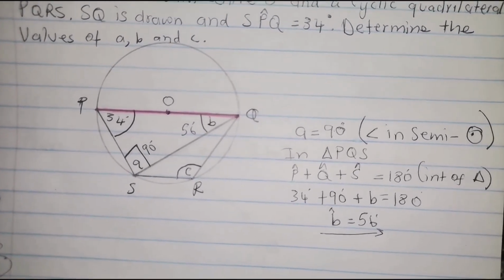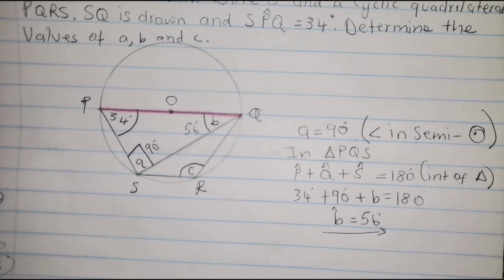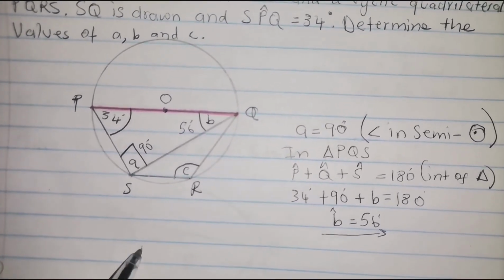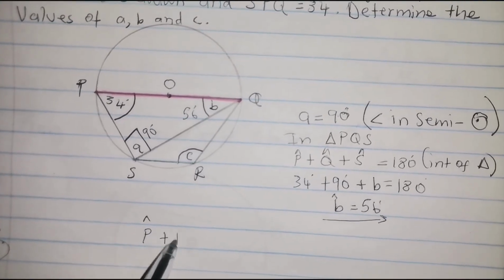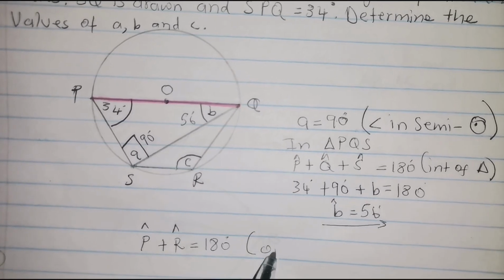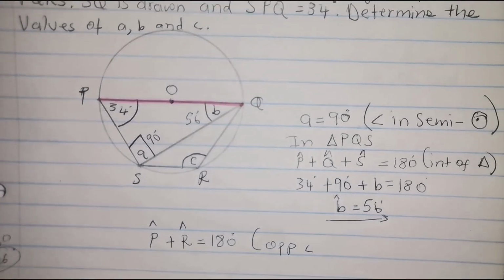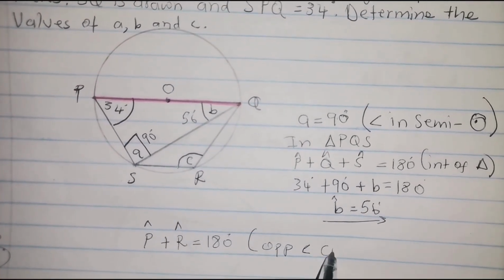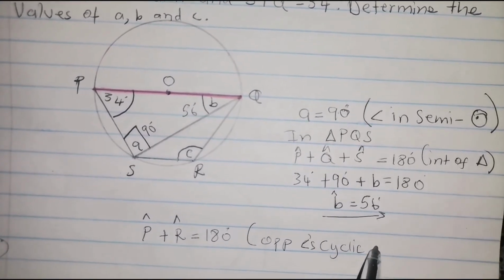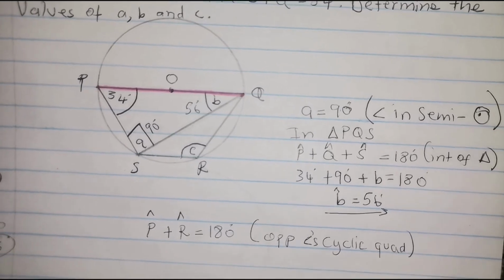So let us do exactly what we have just proven in the start of the video. Angle P plus angle R equal to 180 degrees. Reason: opposite angles of a cyclic quad are supplementary.